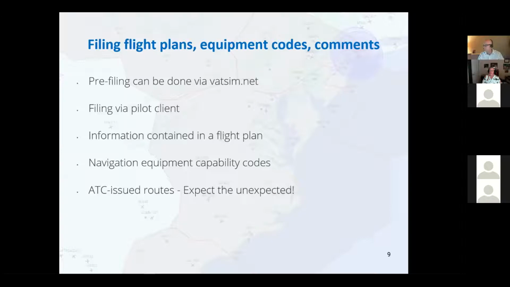So I found it very typical that I'm getting clearances from the VATSIM controllers that have SIDs and STARs, and I think that's great because most of the flying we do for practice, or IFR practice, for instance, around our airport, you just don't do those because they're not needed at our local airports for the most part. So that's one aspect of VATSIM that I think is really good practice for us.